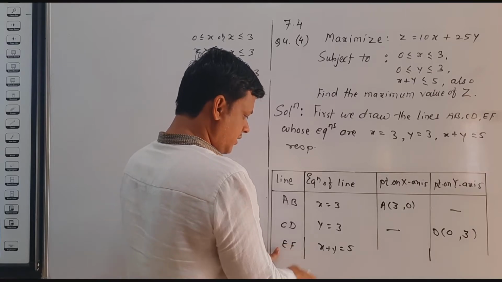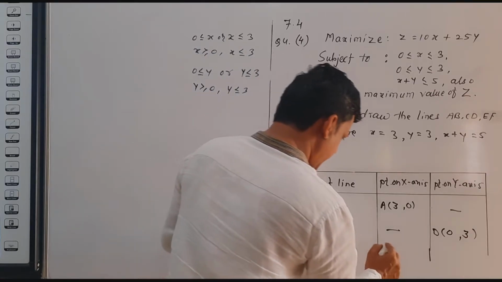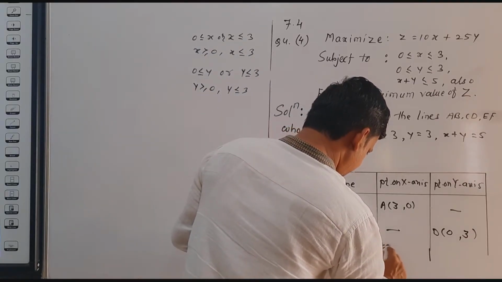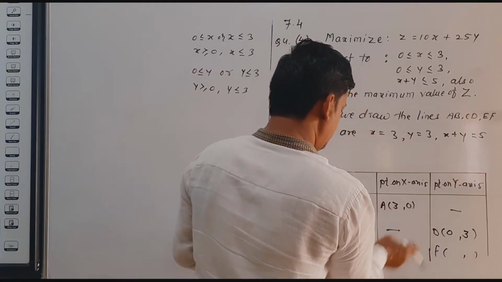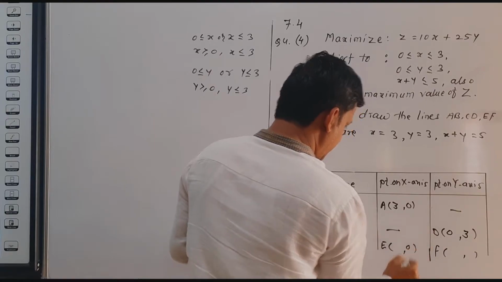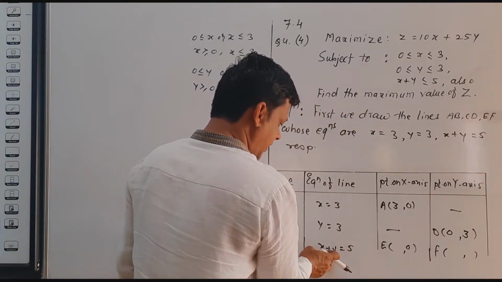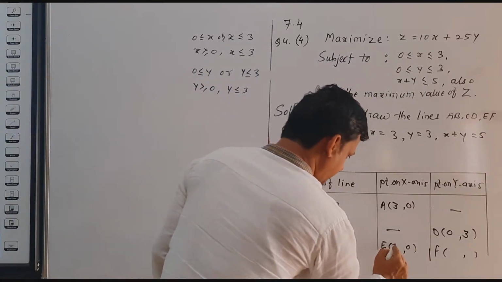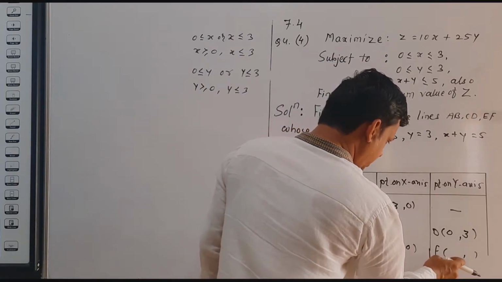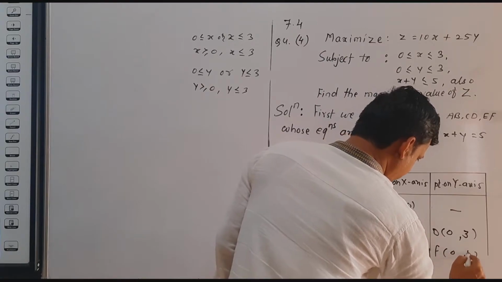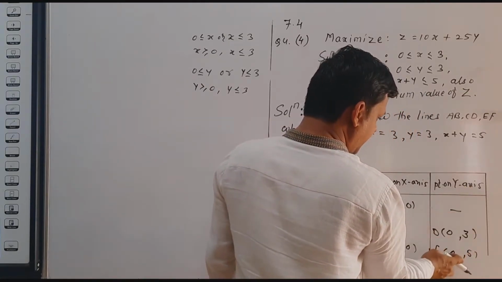Then E and F have the equation x plus y equals to 5. So we write points E and F. On the x-axis the y coordinate is 0, so we replace y by 0 and get x equals to 5. So the coordinates of point E are 5, 0 and the coordinates of F are 0, 5, because on the y-axis the x coordinate is 0.